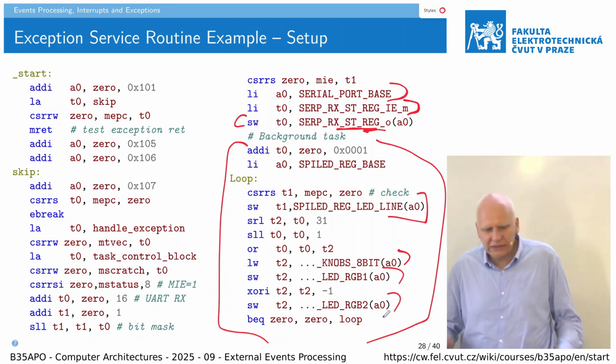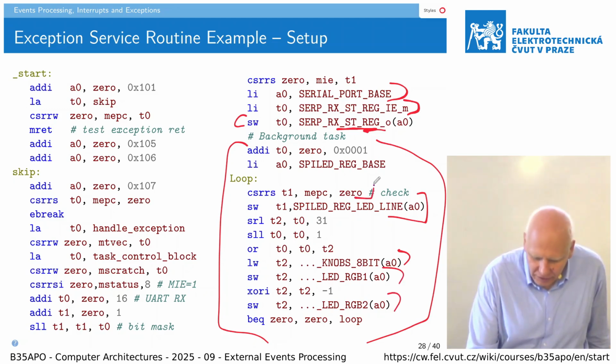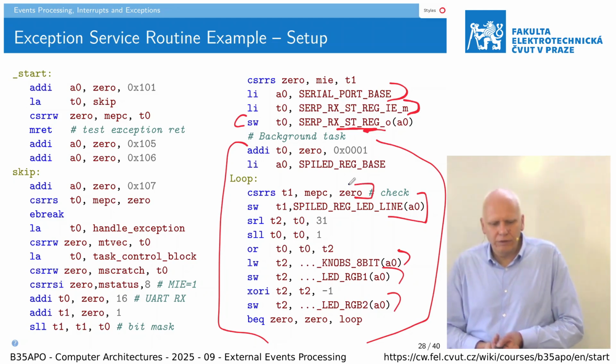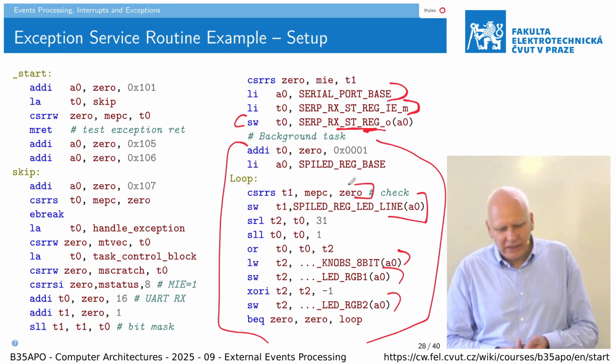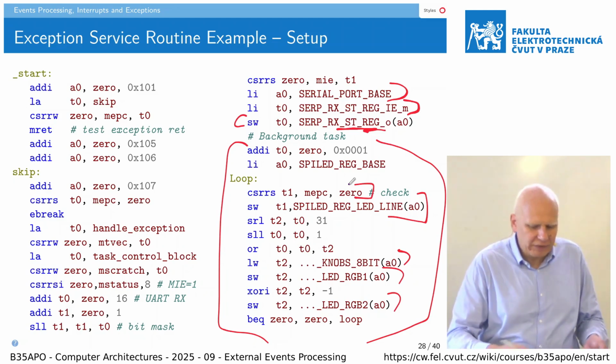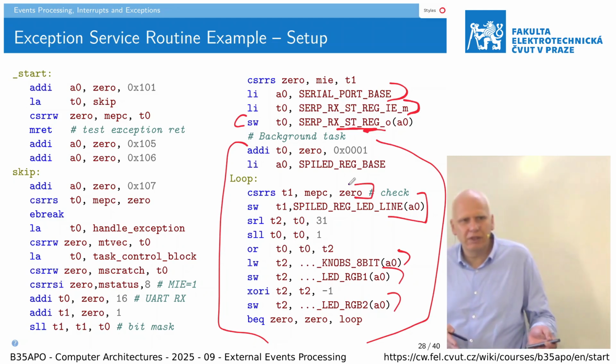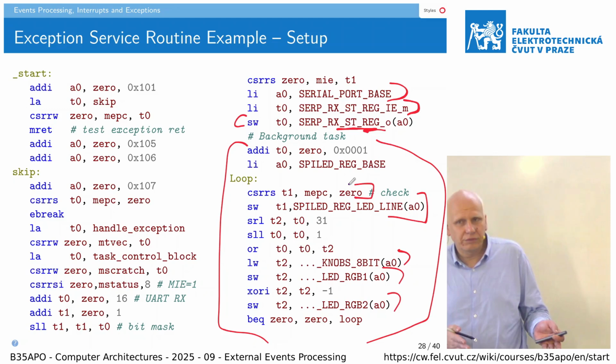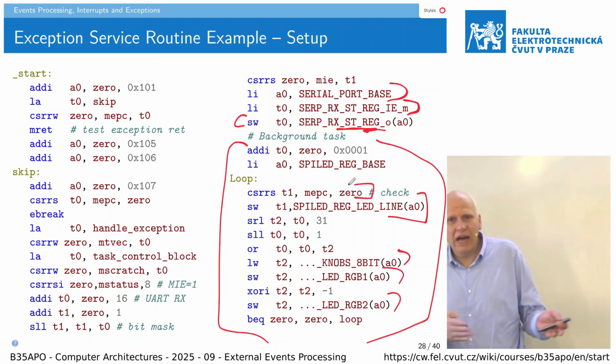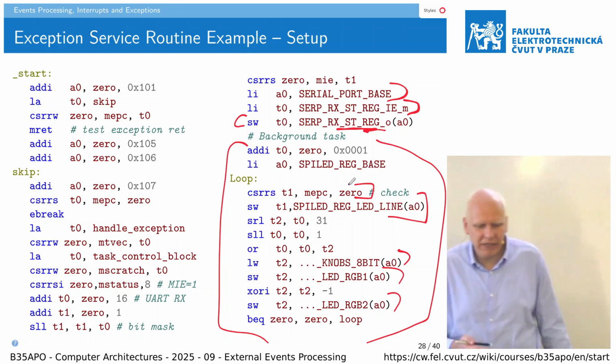So basically this way, and we can see even what is the previous value of MEPC and so on. So this is something which runs. It can be, for example, some task to show some clocks on the display and so on.